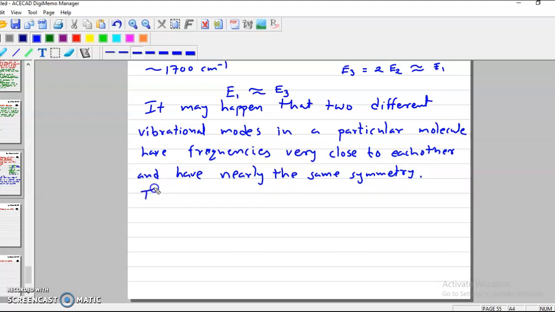They are described as accidentally degenerate modes.